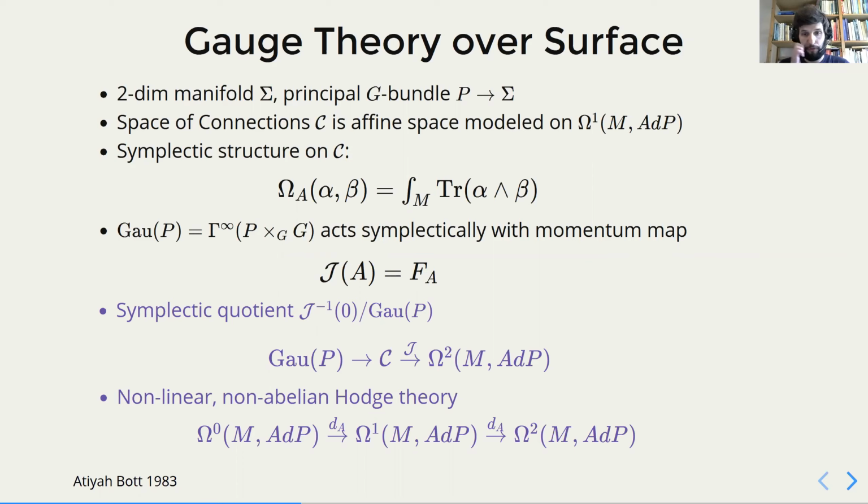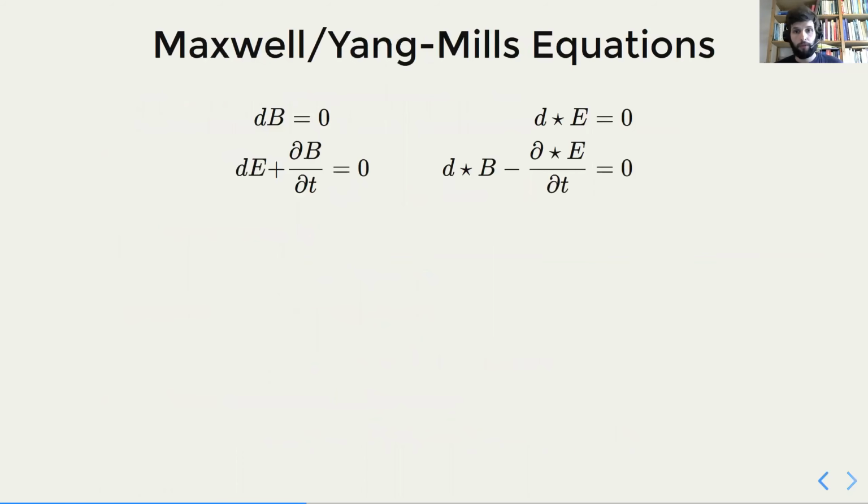And there's a different story that comes from looking at Yang-Mills equations. And this time, we don't look at something over 2 dimensions, but really over the 4-dimensional version. So here are the Maxwell equations written down in differential form. So E is just a 1 form and B is a 2 form in this language.